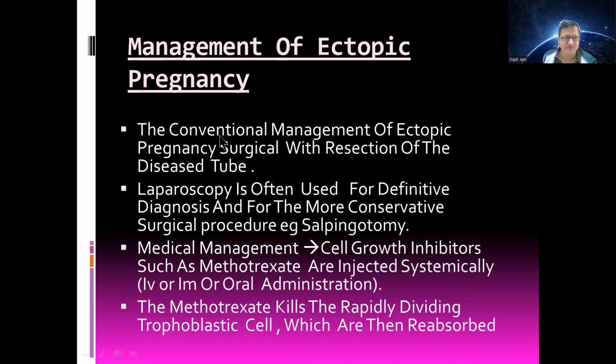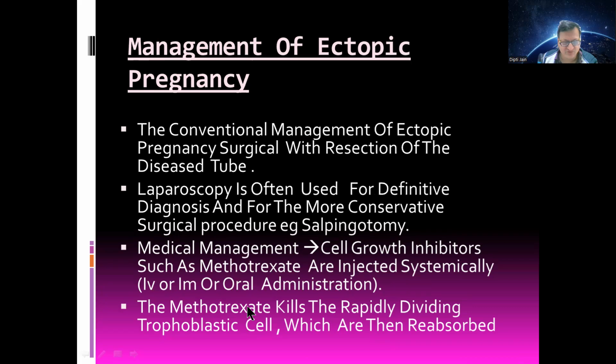Management of ectopic pregnancy. Conventional management is surgical, with resection of the diseased tube. Laparoscopy is often used for definitive diagnosis and for conservative surgical procedures like salpingotomy. Medical management can be done with cell growth inhibitors like methotrexate, which are given systemically, either IV, IM, or oral.